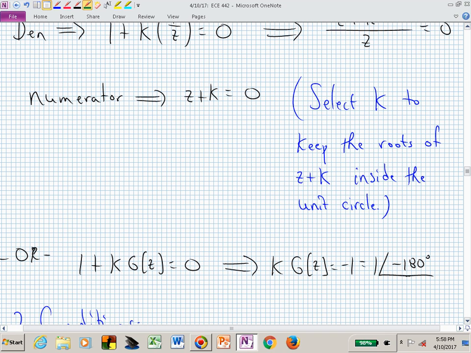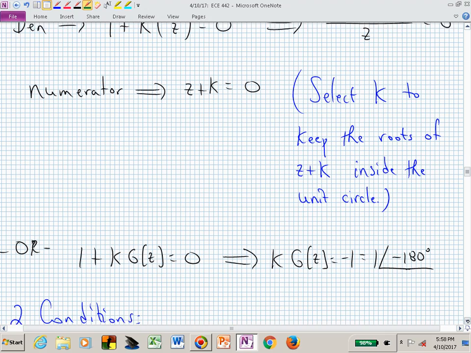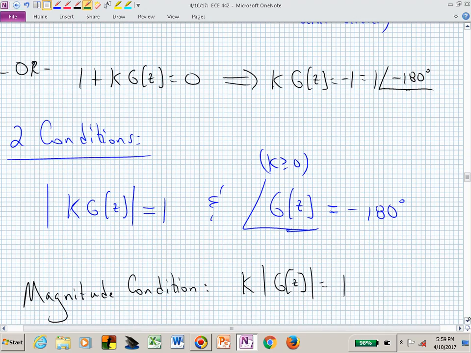Or we could say 1 plus K G bar is equal to 0, and now we have K G equaling minus 1, or 1 at an angle of minus 180. And we have our two rules, or two conditions. We have the magnitude condition. If K G is equal to 1 at an angle of minus 180, it has to have a magnitude of 1.